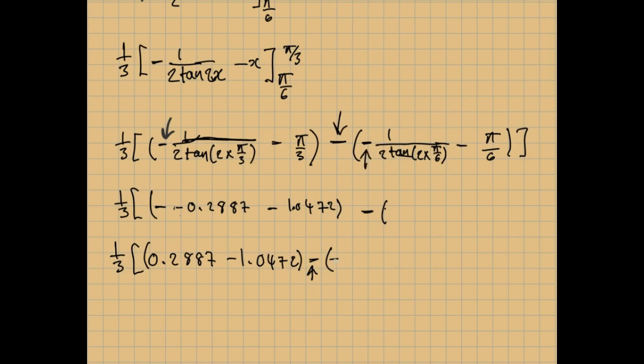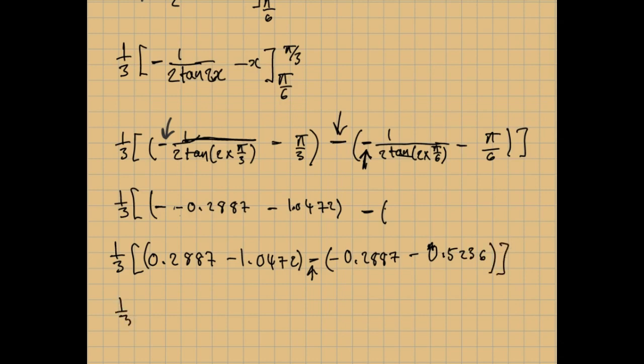Now I have this negative that's affecting my answer. So when I got my answer of 1 over 2 tan whatever, it was positive. But then there's this negative, so I have to take care of it. So it's now 1 over 0, negative 0.2887, and then minus pi over 6, which is going to be 0.5236. Okay, you can do the calculation on your own and just cross-check.